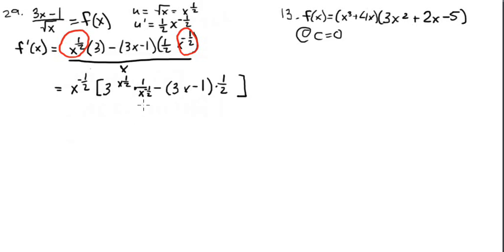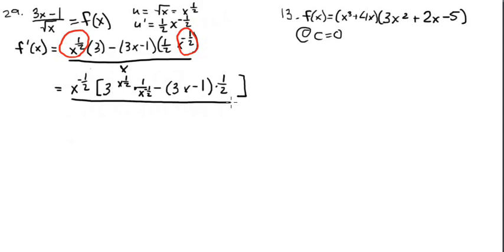Why does that work like it does? Well, if I were to redistribute this to this term that now has 1 over x to a negative 1/2, the x to a negative 1/2 would cancel out with an x to a negative 1/2, and I would end up exactly right back where I started, which is something that I want, because it has to end up equaling whatever I started out with.